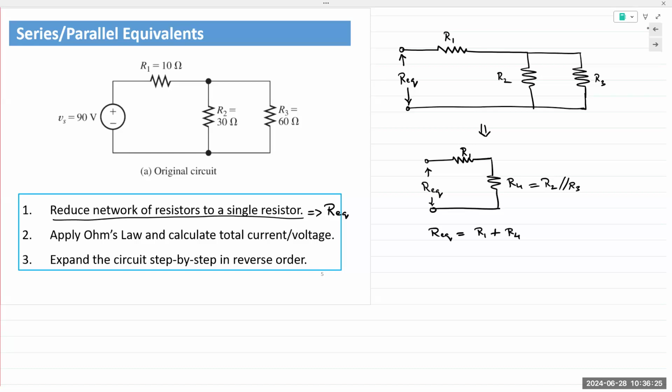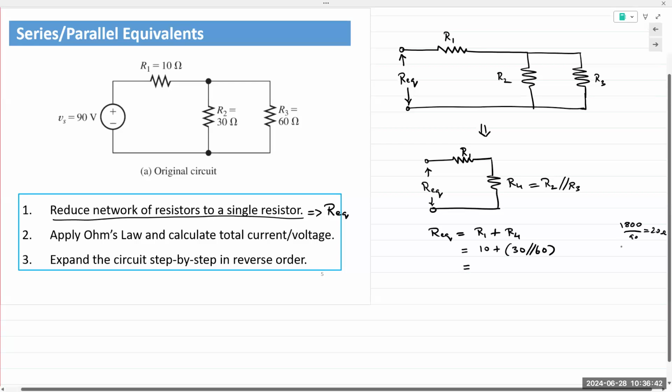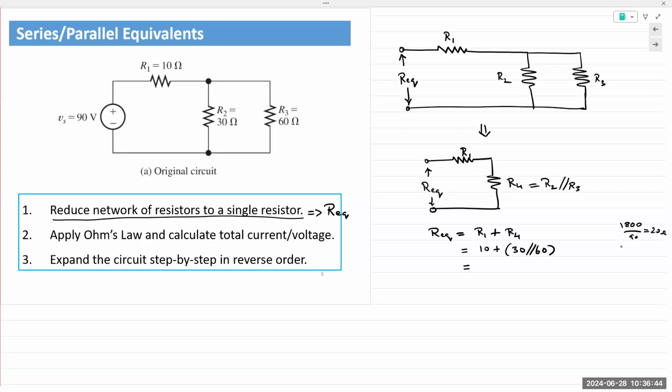So if we solve this, what do we obtain? 10 plus 30 in parallel with 60. 30 in parallel with 60 is 1800 divided by 90, so 20 ohms, right?